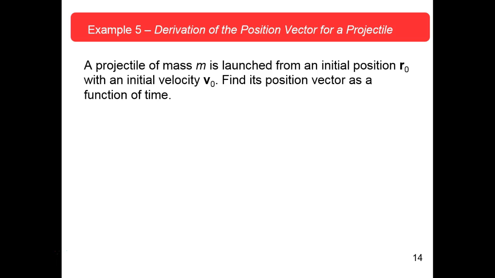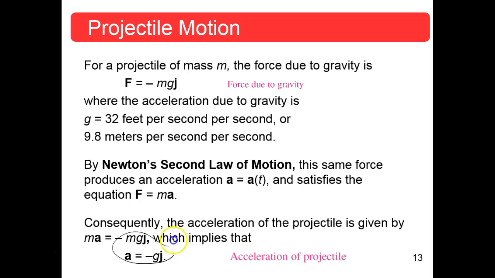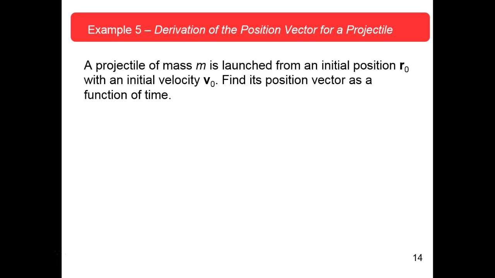But we are on the surface of the Earth, we'll assume that. So what's our acceleration vector? We just gave it: minus gj, okay? Since we don't know which units they're using, SI or US customary, it doesn't matter. So a is equal to minus gj. That's where we'll begin.